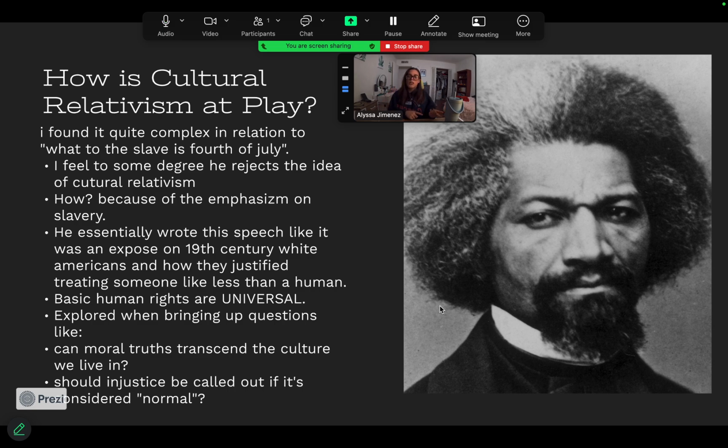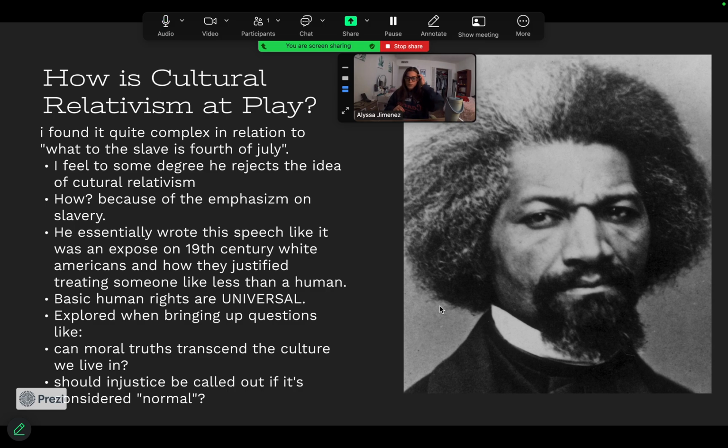Essentially what he did in this speech was call out all of the racial injustices and said, hey, this isn't right. I'm going to mourn while you guys celebrate. And I feel like he essentially wrote this speech like it was an exposé on the 19th century white Americans and how they justified treating some as less than human, because he touches on all of the slavery that has happened during this time.